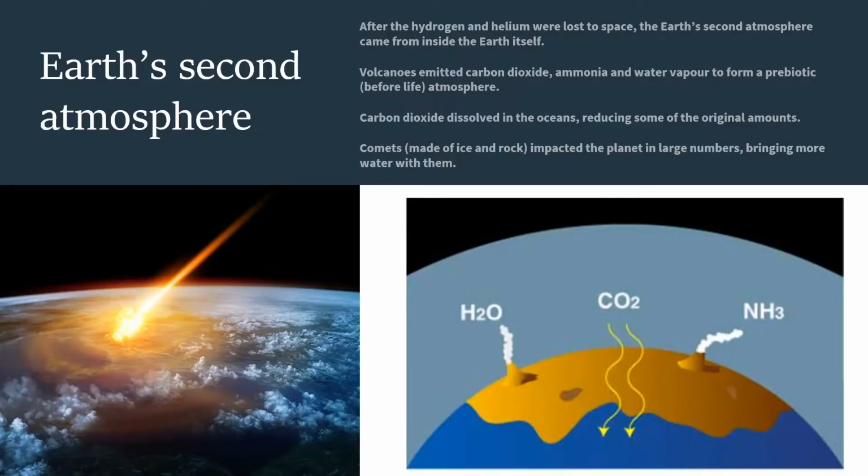Most of the carbon dioxide from the volcanoes dissolved in the oceans. Remember the water vapor was also emitted by volcanoes, which cooled down to form some of the oceans, and then the carbon dioxide dissolved in it. So we've actually got a lot less carbon dioxide today than when the Earth was near its formation.